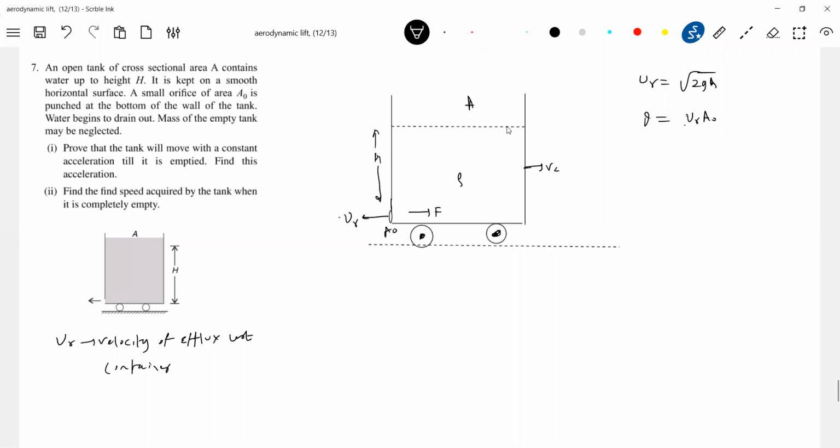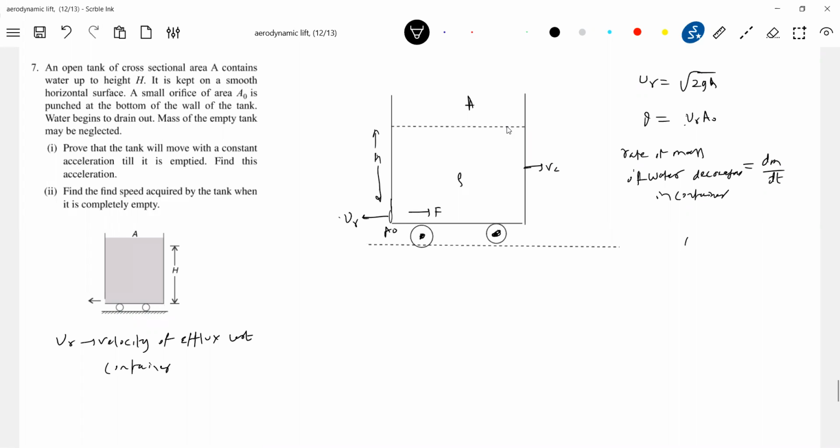Then the rate at which the mass of water is decreasing in the container, shall we write dm by dt?